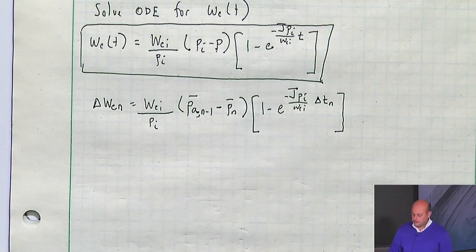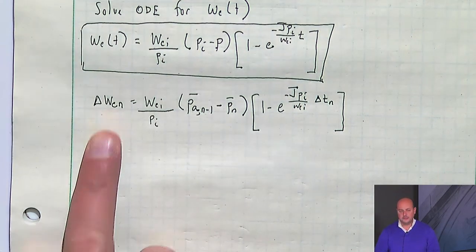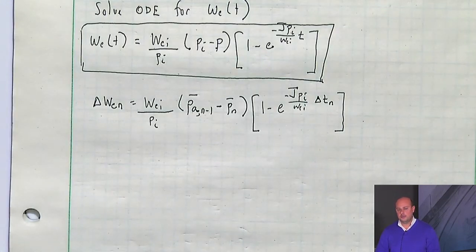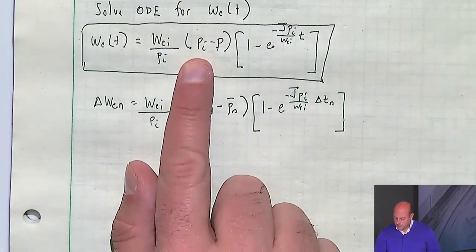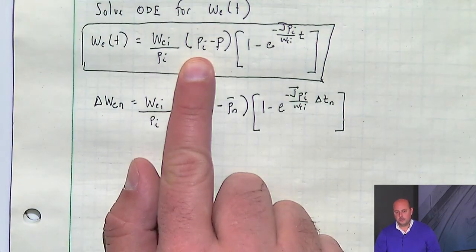Here, what I'm saying is that's not quite how the reservoir pressure drops, so I'm going to approximate it by a constant pressure for a certain period of time. So I've used ΔWe, which tells me how much additional water has encroached in the last time step, during ΔT. You see a lot of similarities here, except that we're not going to use the initial pressure anymore.